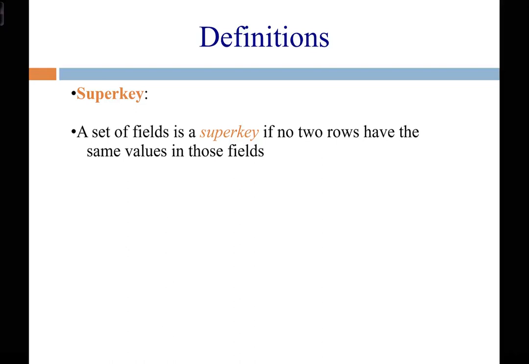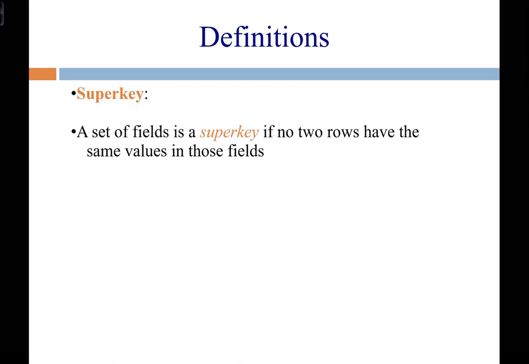Before we talk about keys, we're going to talk about super keys, which is kind of less strict. So a super key is a set of fields such that none of the tuples in the instance are duplicate. That's pretty straightforward.